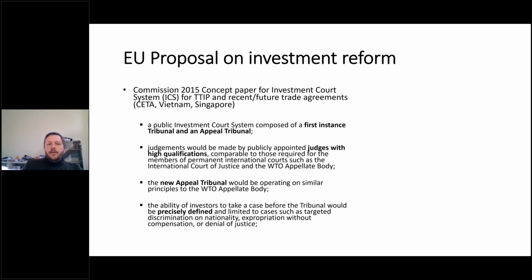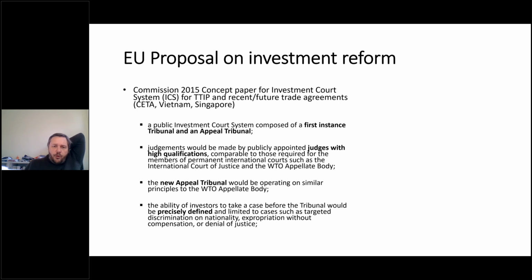That has stalled, but in other trade and investment agreements like CETA with Canada, Vietnam, Singapore, some of these elements have reappeared, and through this bilateral route, the EU aims to bring enough countries around the table to have a first start of a more multilateral approach.